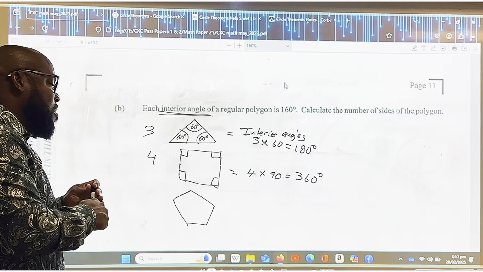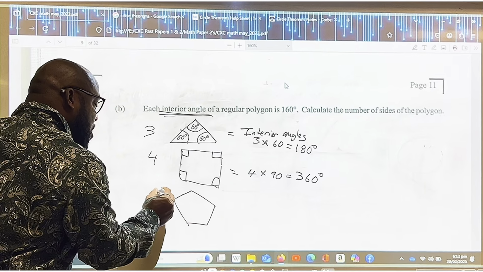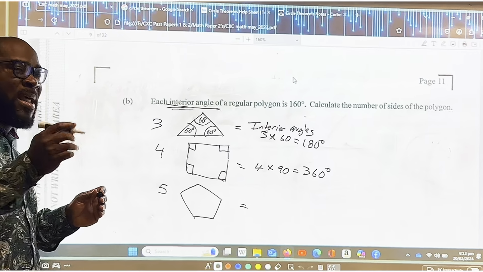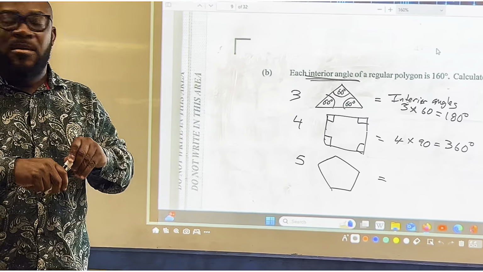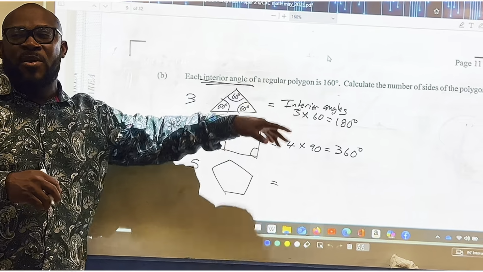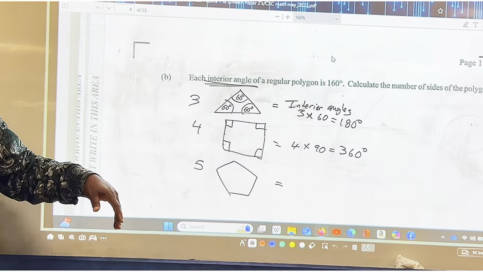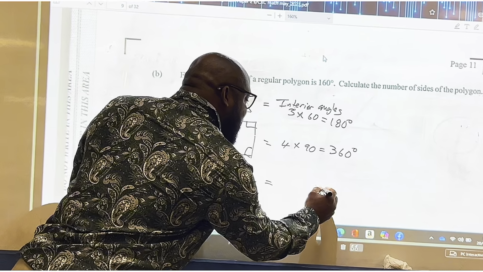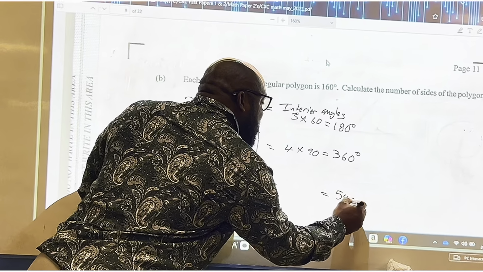Look up for me for a pentagon. What is the sum of the interior angles? Look it up on the internet quick. The total is 540, right?